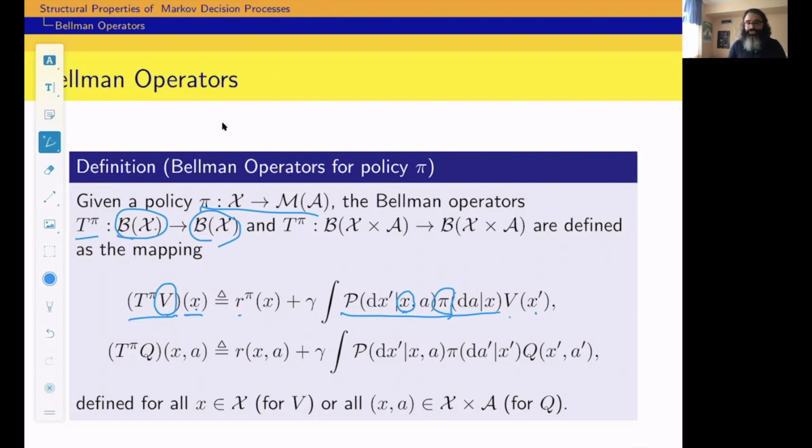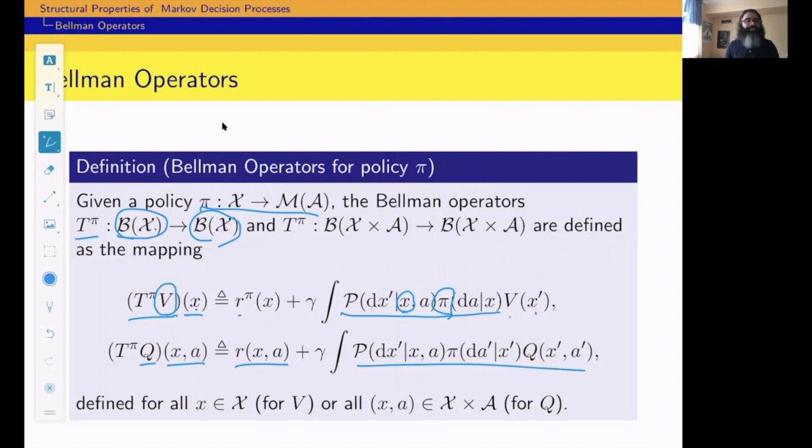The same is true for T pi of Q, with the difference that it takes a Q and returns a modified Q. Again, when we evaluate that resulting function at X and A, it would be the reward R of X and A plus gamma times the expectation at the next states.